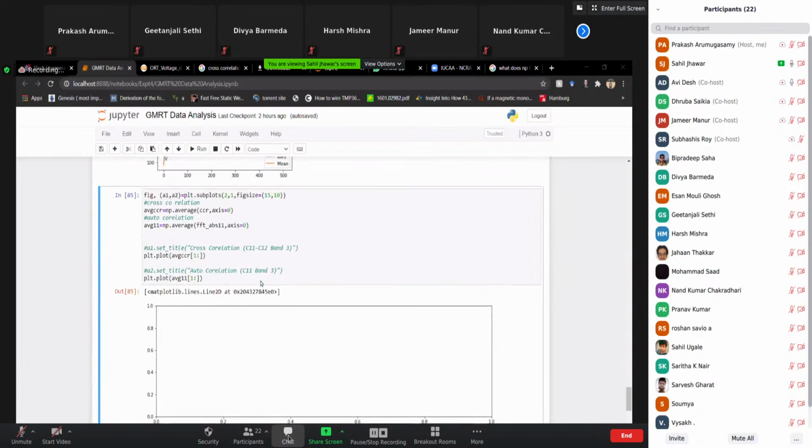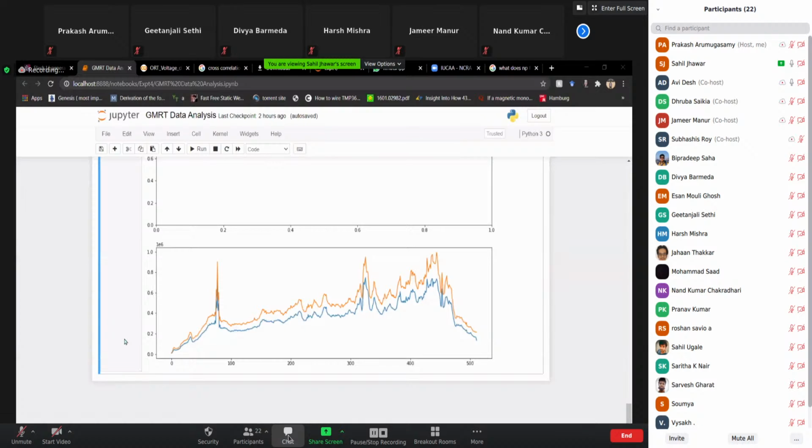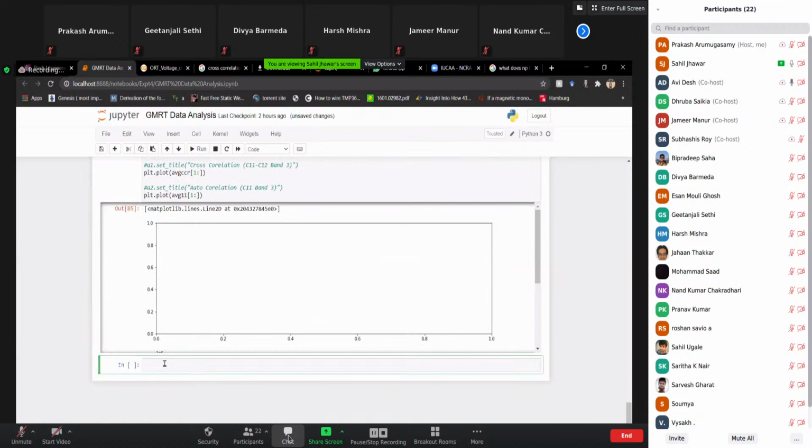Take the product of it, take the square root, and then subtract the cross correlation from that, and that will leave you a contribution which is purely local.